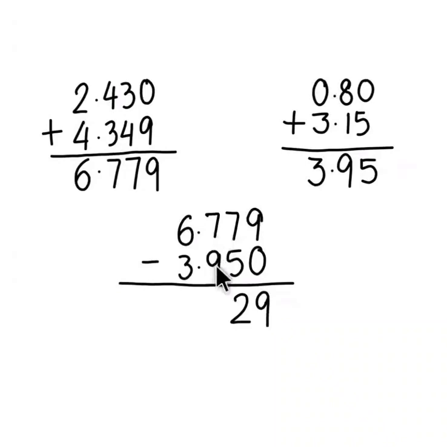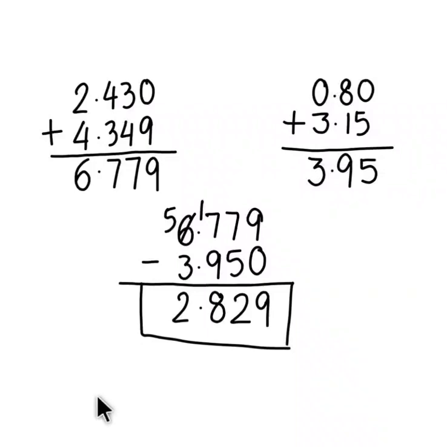And 7 minus 9 is not possible, 7 is smaller, so we'll borrow 1. So we get 17. 17 minus 9 is 8. Put the point. Now this has become 5. So 5 minus 3 is 2. So we get 2.829 as the answer. So this is the answer for question number 8.